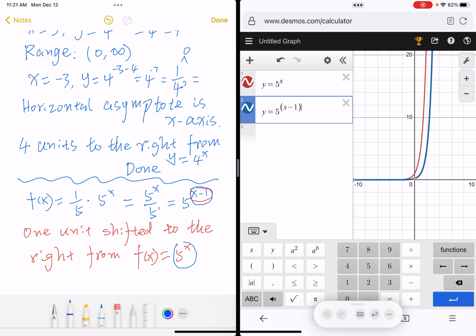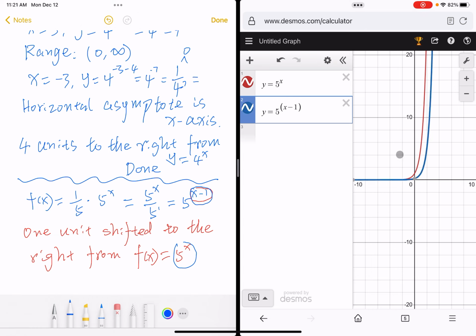Okay, so you can see the graph, the blue one, is shifted 1 unit to the right-hand side.